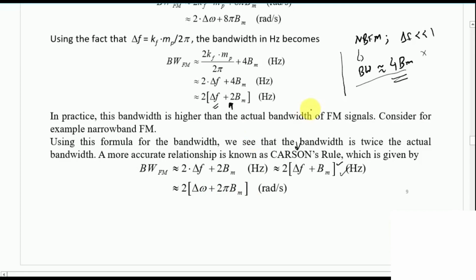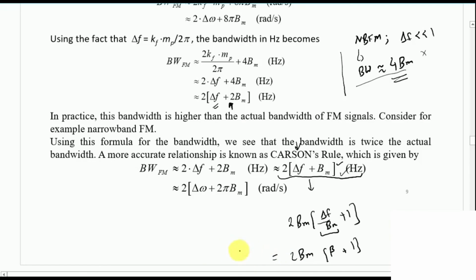Another important expression which we can derive from here is that if you take bm common, we can have 2 bm times delta f by bm plus 1, right? And this thing we can express in terms of beta, 2 bm, right?